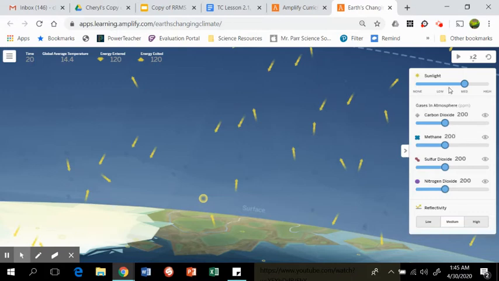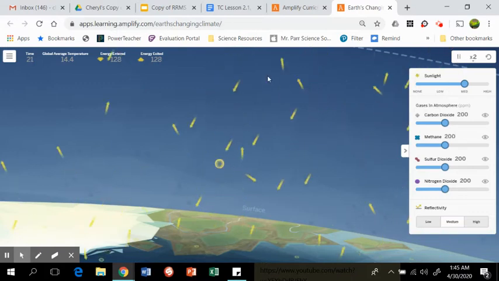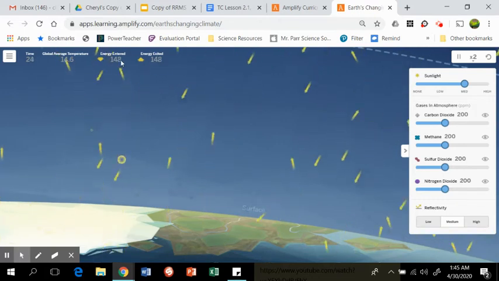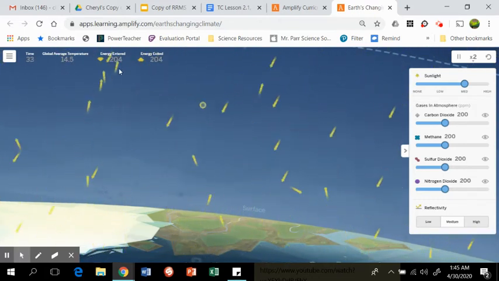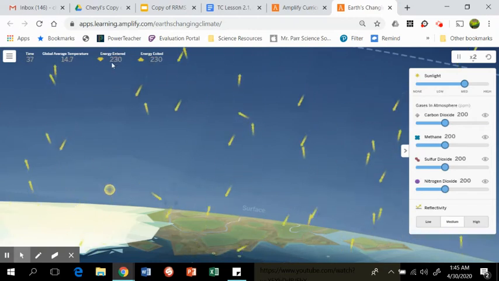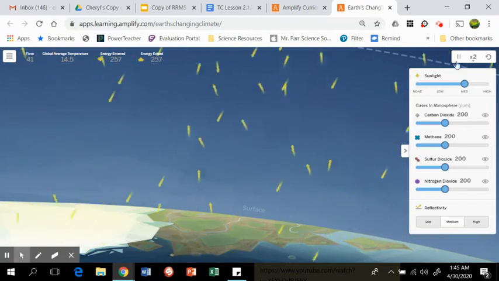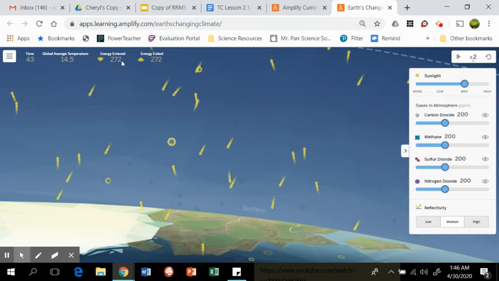This is make no change, so I'm going to continue. And I want to point out energy entered and energy exited are up here. You'll see that the numbers stay pretty close together. Energy entered was 272. Energy that exited was 272.